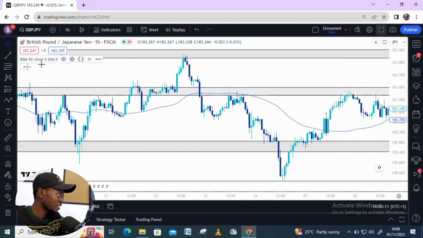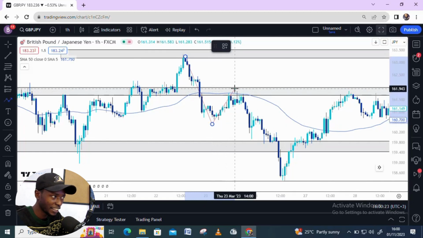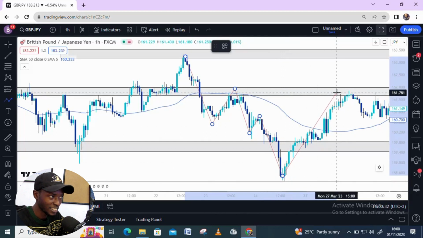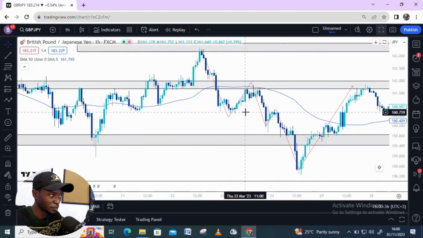So we identify this market is forming a high, a lower low, a lower high, a lower low, lower high, a lower low, a higher high. So this is a trending market.